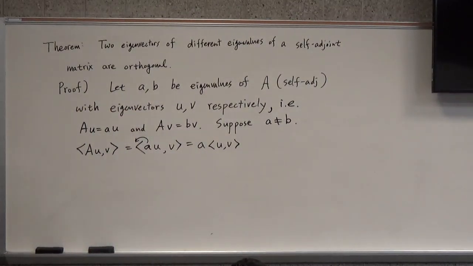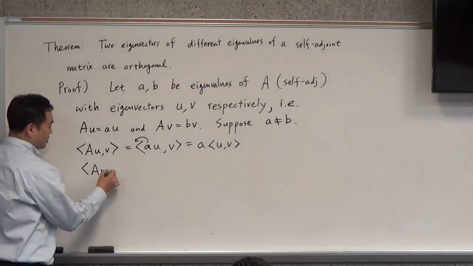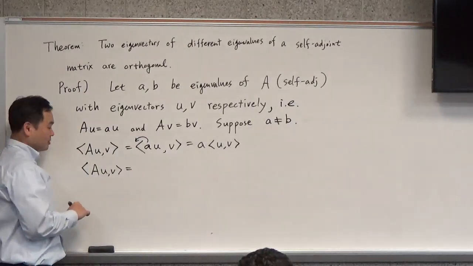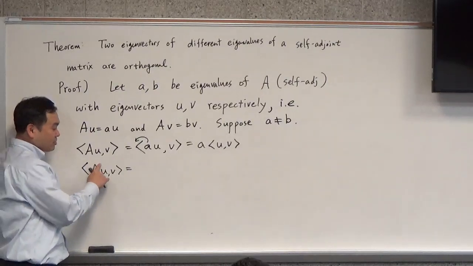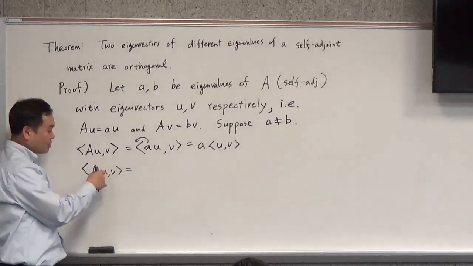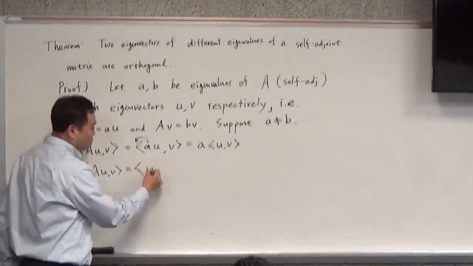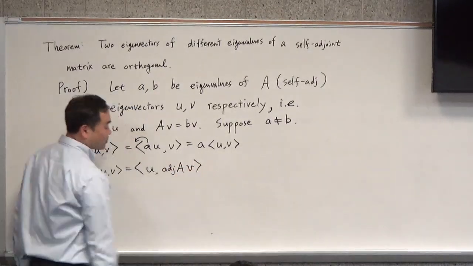Now, instead of this, you can do the adjoint. How do you use the adjoint? If you want to move a matrix to the second place, you use the adjoint. So it's equal to u, adjoint of A, v.